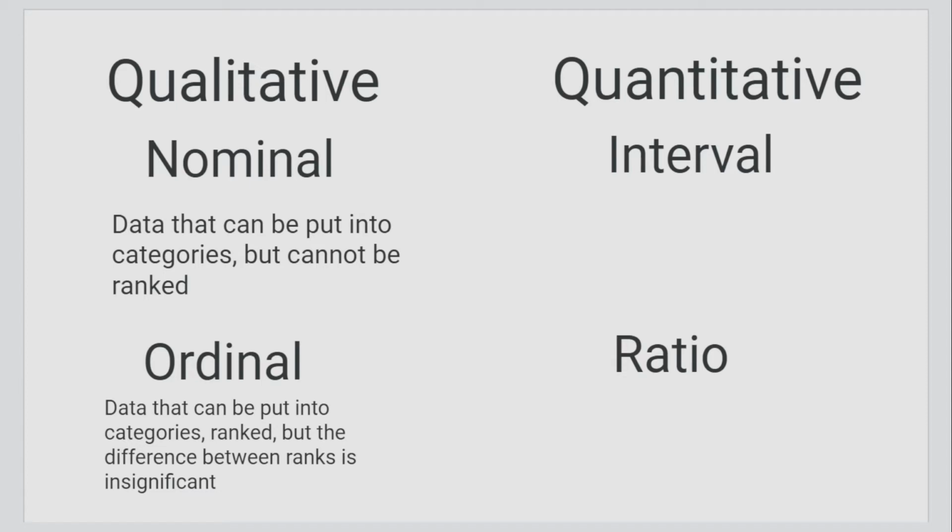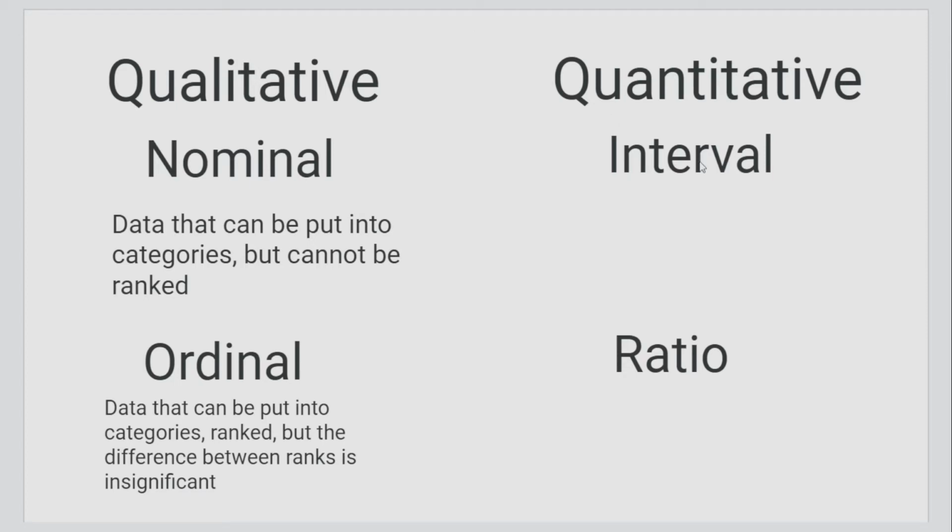And so those data we will put into the ordinal category, where the differences are not consistent, but we can still rank them as fastest to slowest, or biggest to smallest. Well, biggest to smallest, usually the difference is consistent. But yeah, fastest to slowest, or things like that, right?